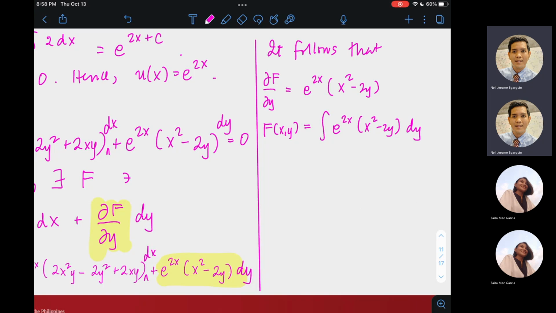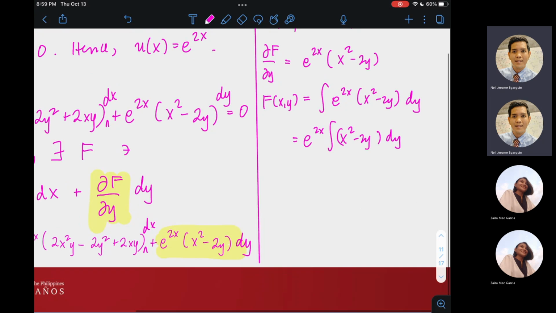So lahat ng may mga x's lamang, they are treated to be constant. And here, e to the 2x doesn't have a y, so it is treated as this e to the 2x can readily go out of the integral. So maging e to the 2x, integral na lamang siya ng x squared minus 2y dy. Mas madali siyang i-manage. Okay?